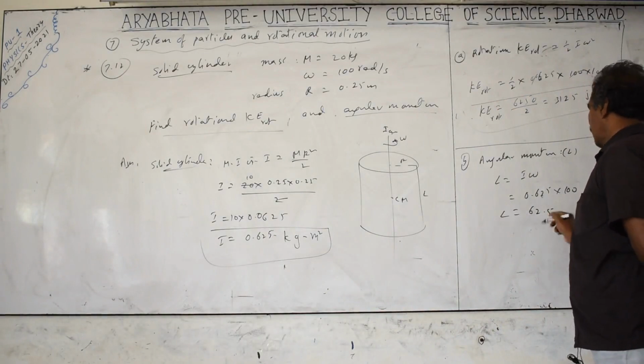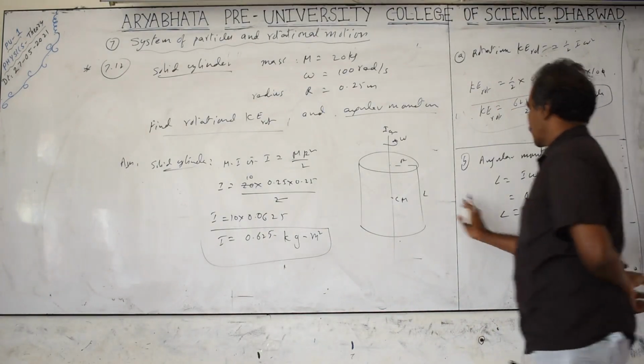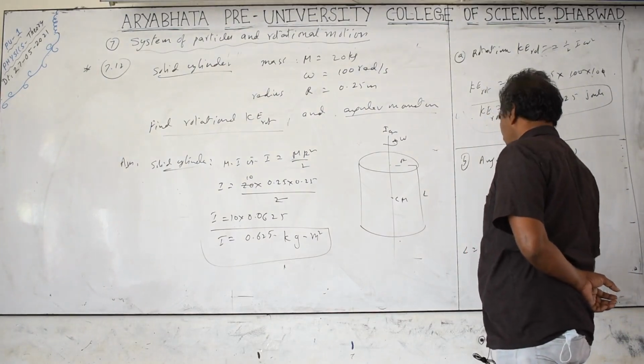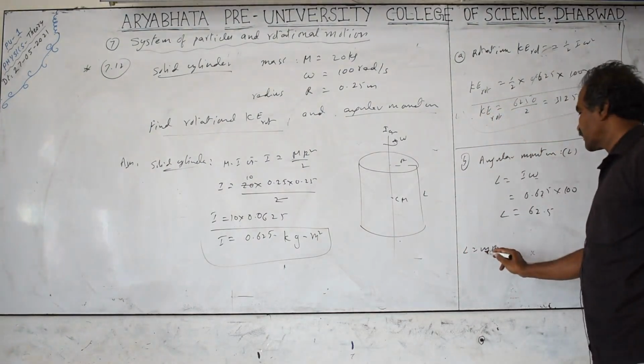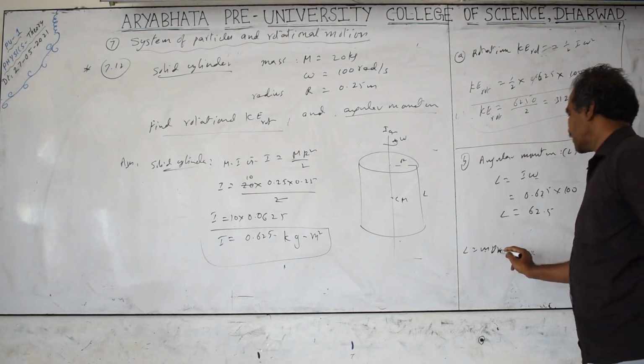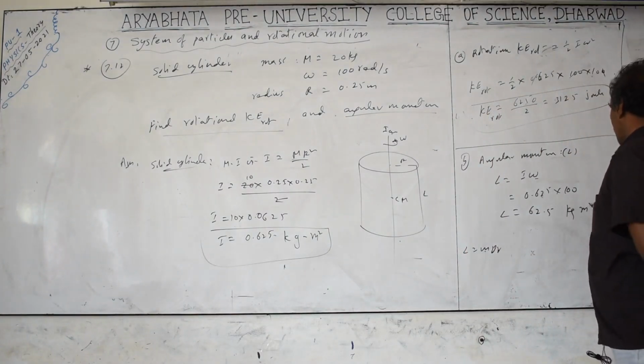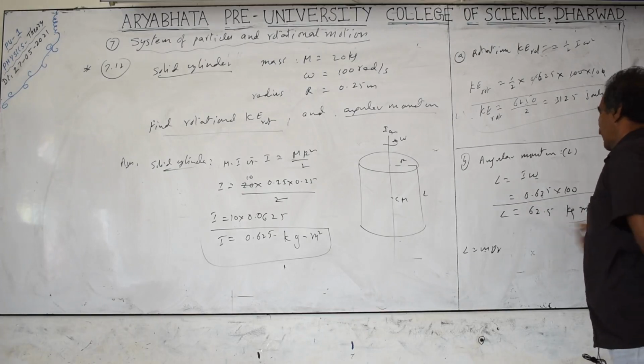This is L. The unit of angular momentum is basically mvr sin theta, so kg meter per second into meter. The result is kg meter square per second, the unit of angular momentum.